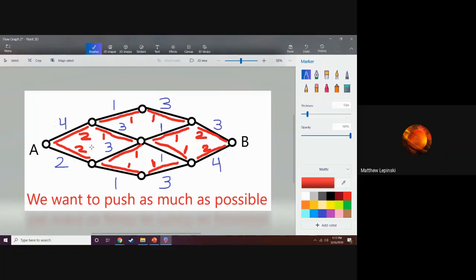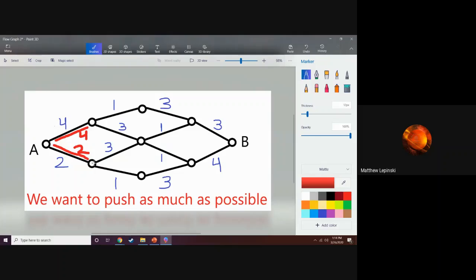choices to be made here, in the sense that, let's say that I flow 2 units along. Let me go and erase all of this for a second. So I'm going to start out, say, let me flow 2 units down here, and then why don't I start by trying to flow 4 units up there?